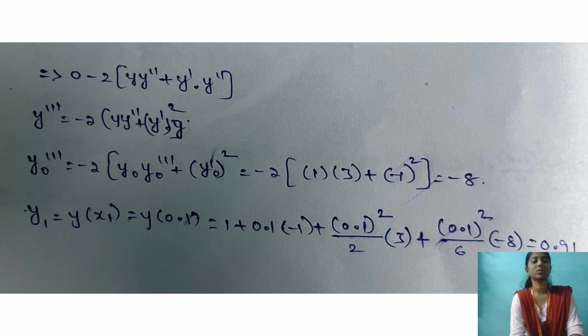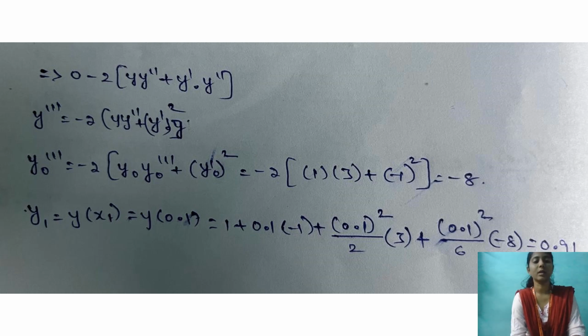Y triple dash equals minus 2 of y y double dash plus y dash whole square. Y naught triple dash equals minus 2 of y naught y naught double dash plus y naught dash whole square equals minus 2 of 1 of 3 plus minus 1 whole square, and the final answer is minus 8.